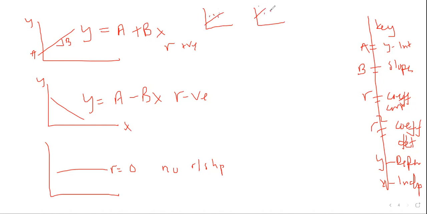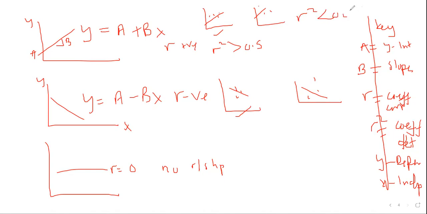Positive but with the dots far from each other, it's weak. This is negative, but the dots are close to each other, so strong. The strength is ascertained by the R squared. When your R squared is greater than 50%, it's a strong relationship, so these two are strong. If the R squared is less than 50%, it's a weak relationship.